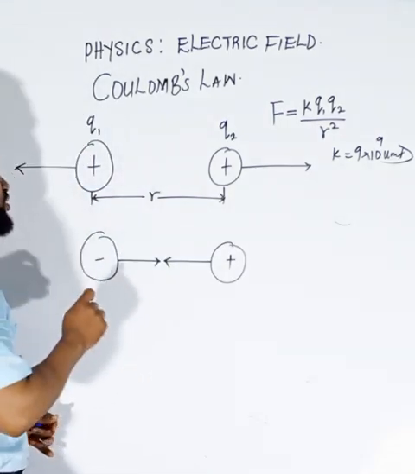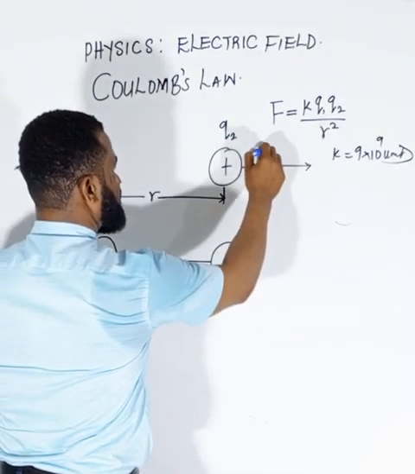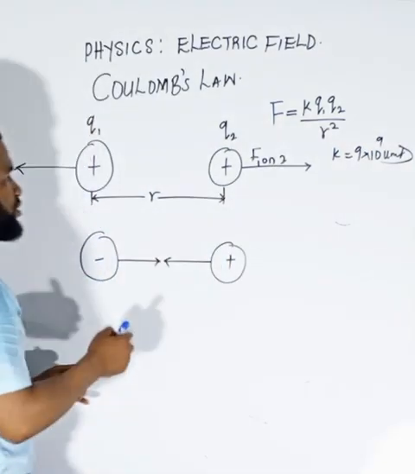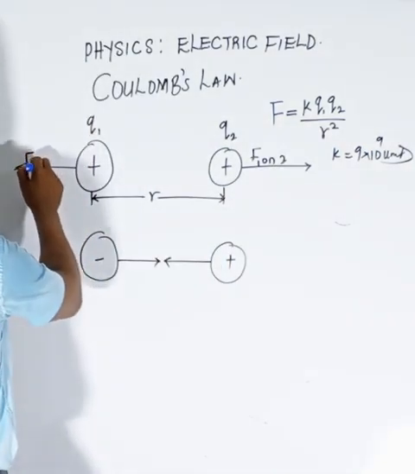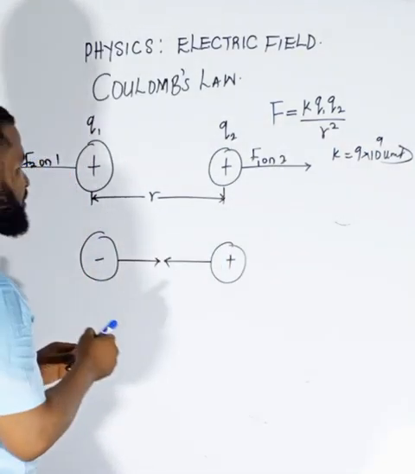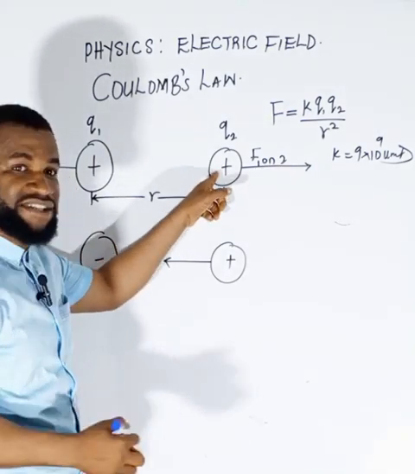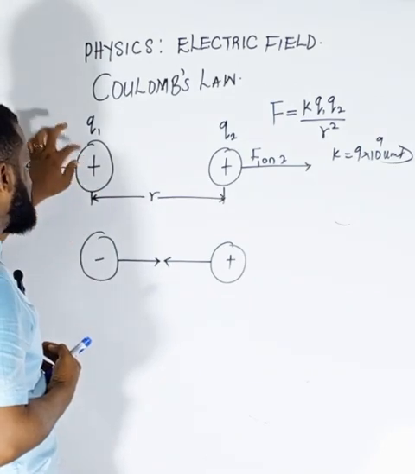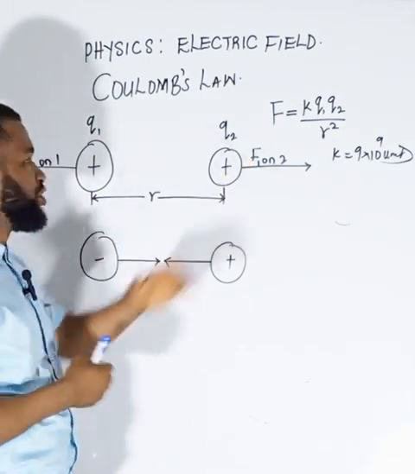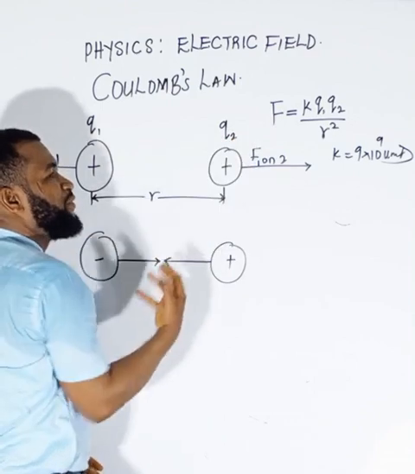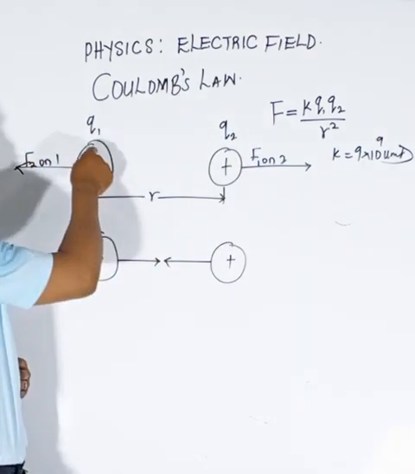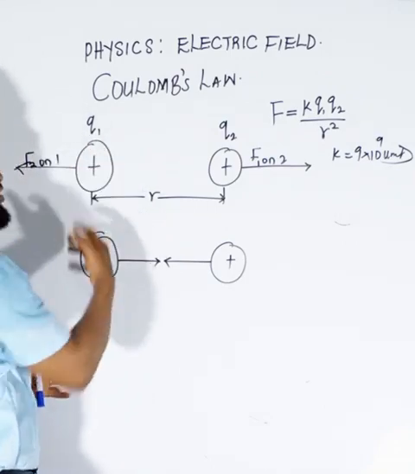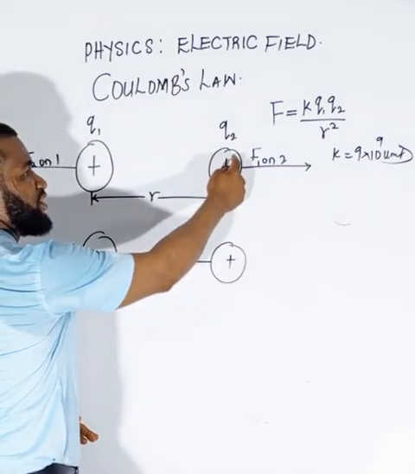One thing you must know is that this force is F1 on 2, while this force is F2 on 1. The force that this charge is feeling is based on the force this one is mounting on it. So this Q2 is feeling a force because of this charge Q1, while this charge Q1 is feeling a force because of this charge Q2.